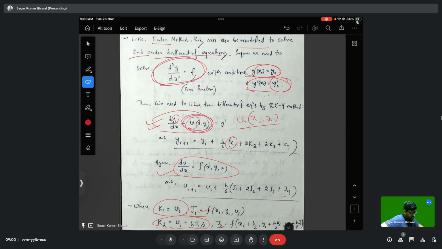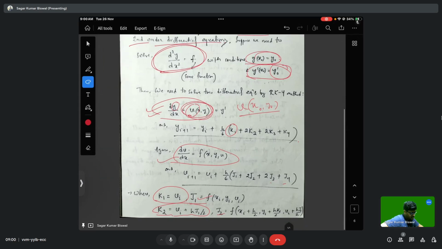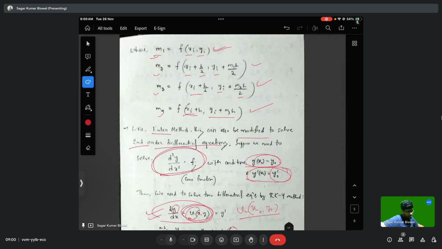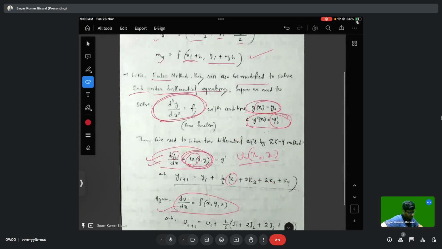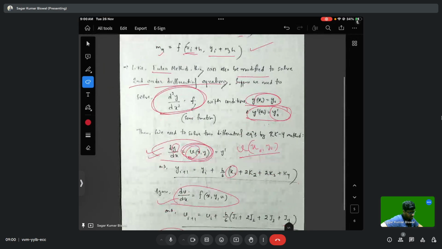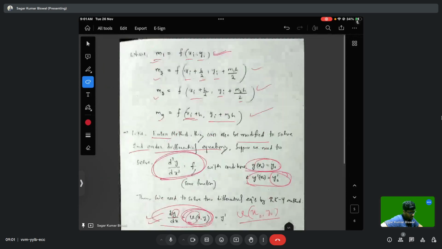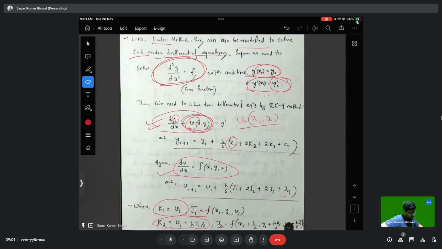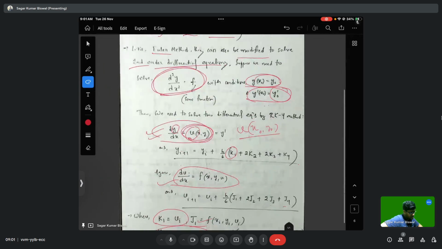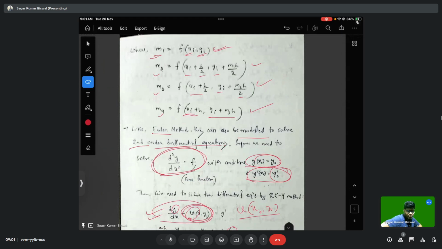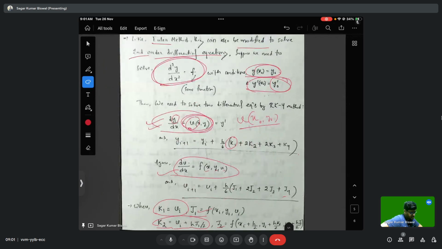The problem is that here there are three variables, x, y, and u, but here you have discussed it for only two variables. So what is this K1?